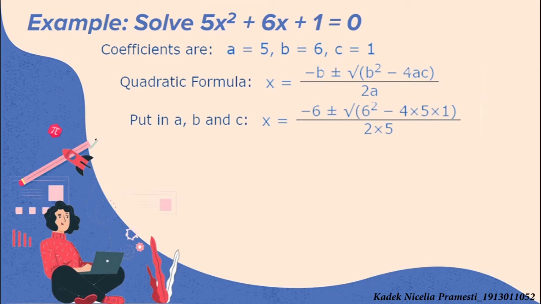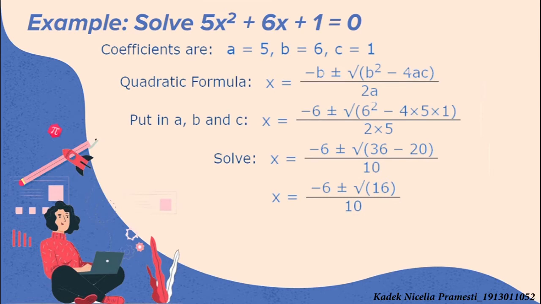So we get x equals minus 6 plus or minus root of 6 squared minus 4 times 5 times 1 over 2 times 5, and we get x equals minus 6 plus or minus root of 36 minus 20 over 10.